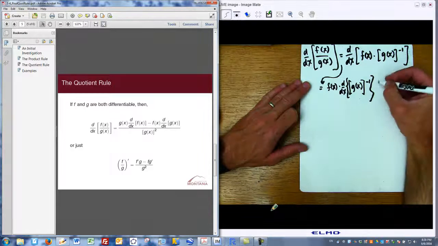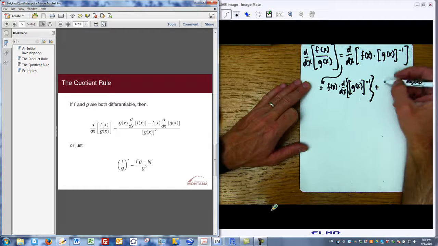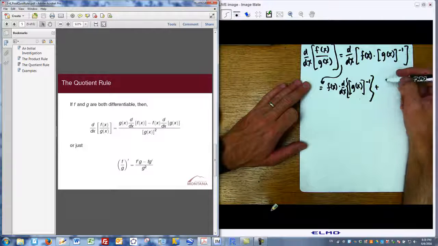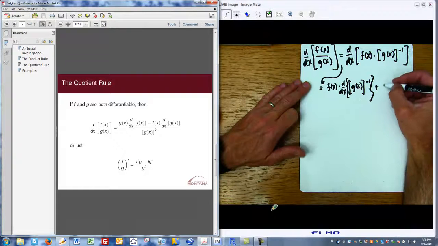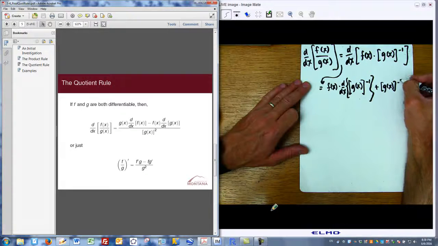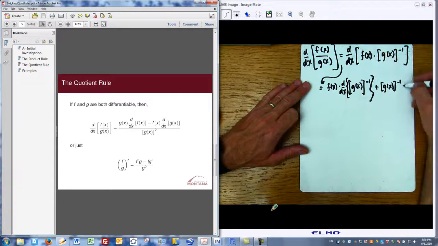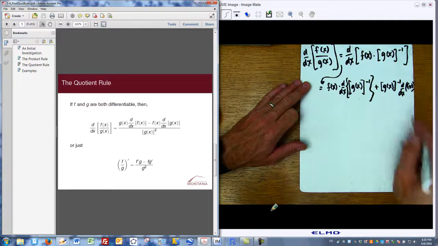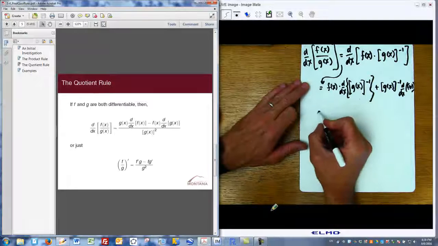First times the derivative of the second plus the second, so it'll be 1 over g of x. So I don't know, we'll just call that g of x to the negative 1 times the derivative of the first, so d by dx of f of x. Sorry, I'm kind of going off the screen there, or the board.